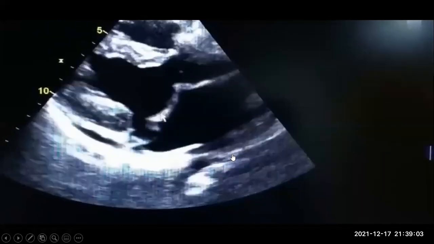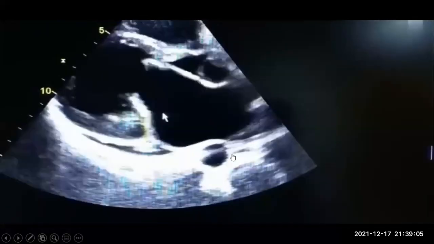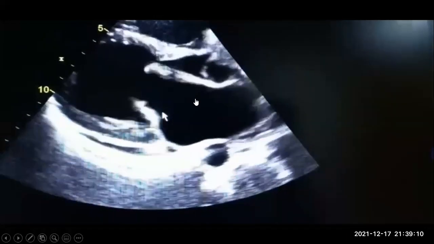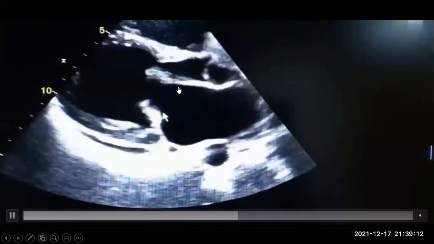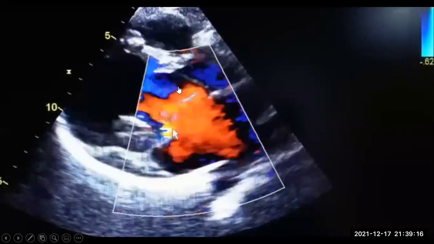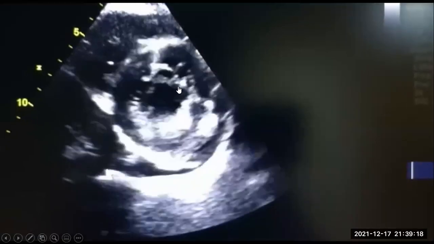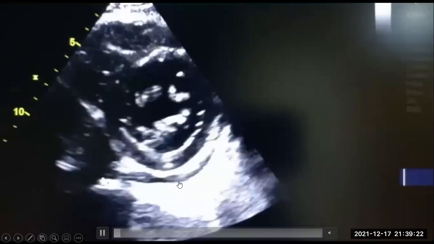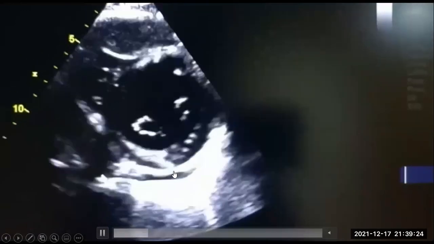You can see here the prolapse and the mitral disjunction. You can see here the disjunction. And this is her regurgitation. She has a small pericardial effusion because she had COVID 3 months ago.